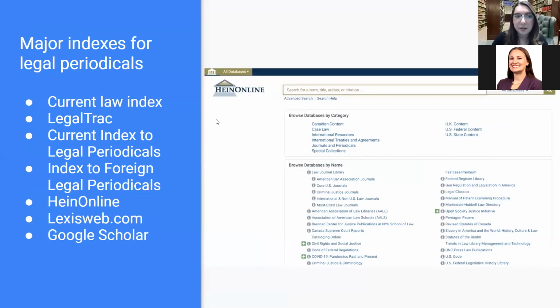Another example of a major index for legal periodicals is Hein Online. Hein Online is a database that we have access to here at the Law Library. It's one of my favorites for secondary sources because it has lots of peer-reviewed articles and things like that. And then some other periodicals include Google Scholar, LegalTrac, things like that.